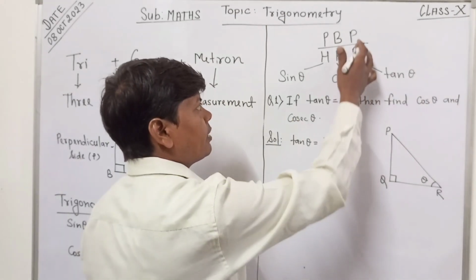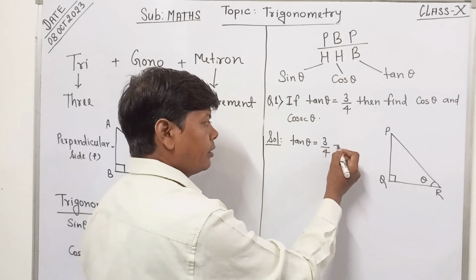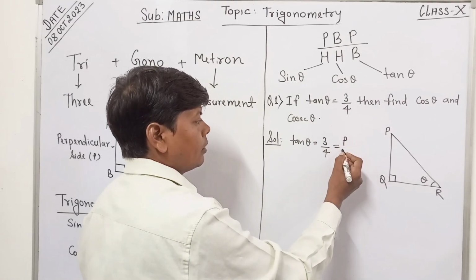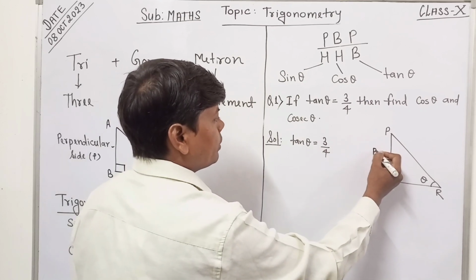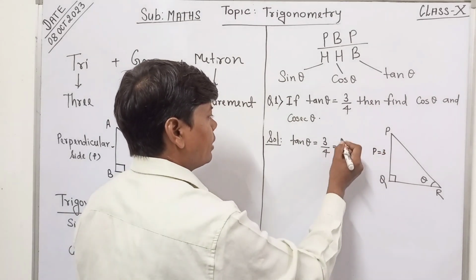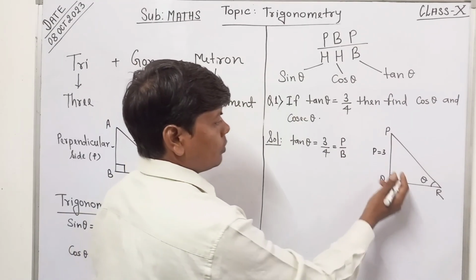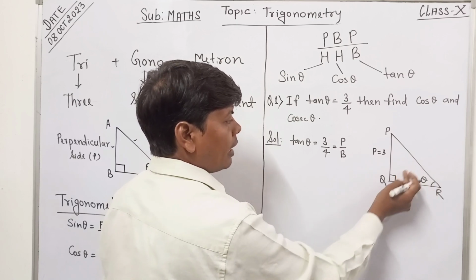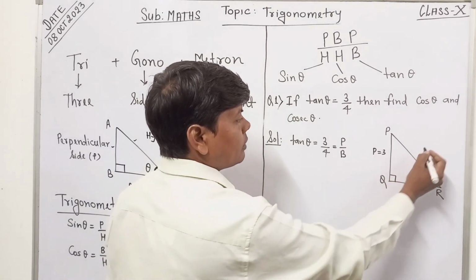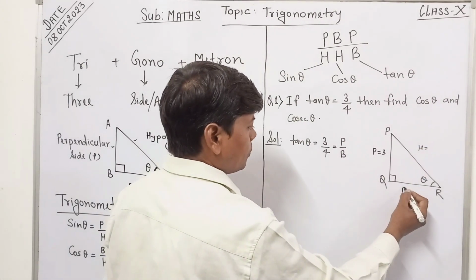You know tan theta is the ratio of P upon B, perpendicular and base. So P will be 3, because the side opposite to the angle is the perpendicular. The side opposite to the right angle is the hypotenuse. And the remaining side, B, is 4.